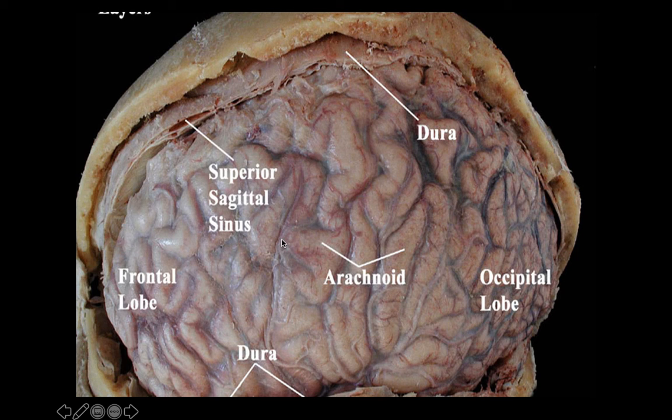Underneath the arachnoid, there is another space called the subarachnoid space, and then after that, you have the pia mater, which is directly attached to the brain. And if you tried to peel the pia mater off, you'd peel chunks of brain matter off too. The arachnoid has all of the blood vessels going on with it as well.